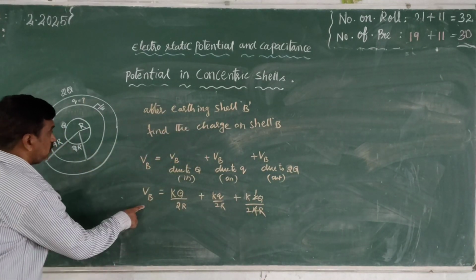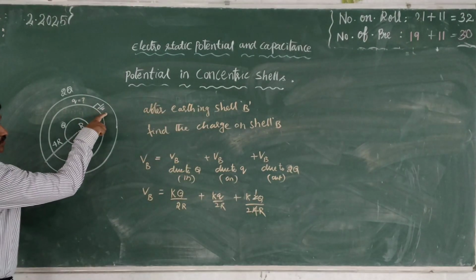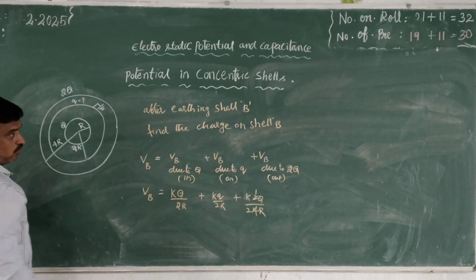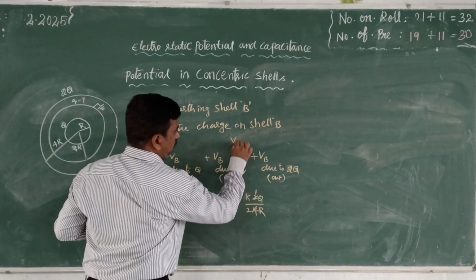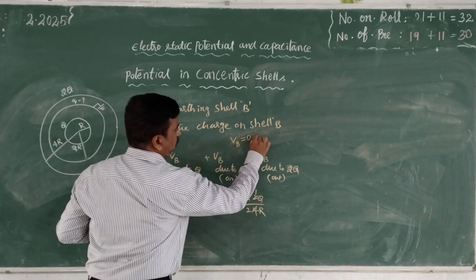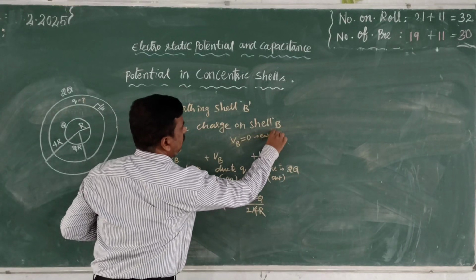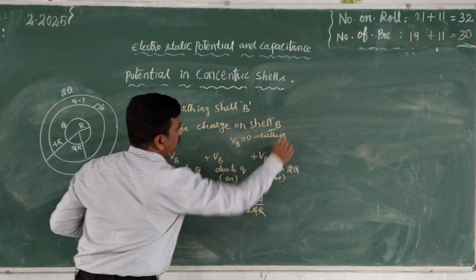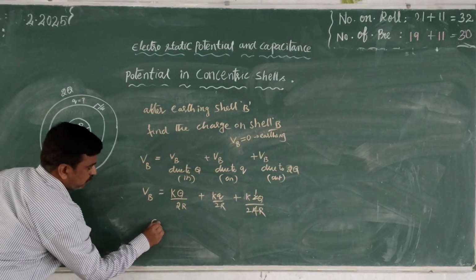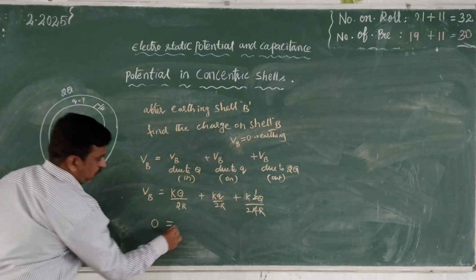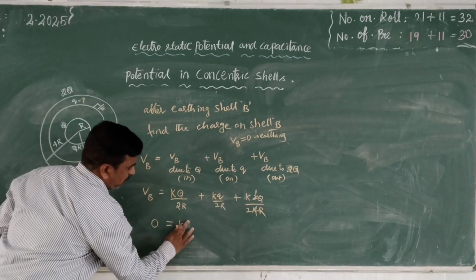See, potential on B while earthing, potential is 0, so potential on B is 0. Why? Because it is earthing. So that's why potential on B is 0. Here we can take 0, so 0 equals k q. So k by 2 are common.